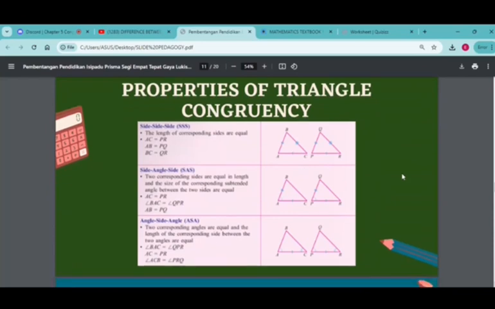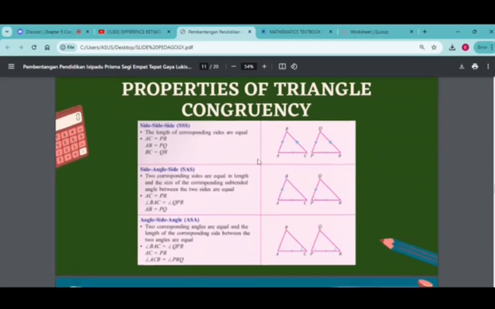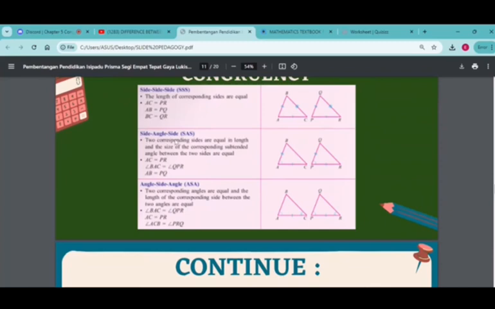Okay, now I want to explain about the properties of triangle congruency. For side, S, the lengths of corresponding sides are equal: AC equal to PR, AB equal to PQ, BC equal to QR. The second is side angle side, SAS.